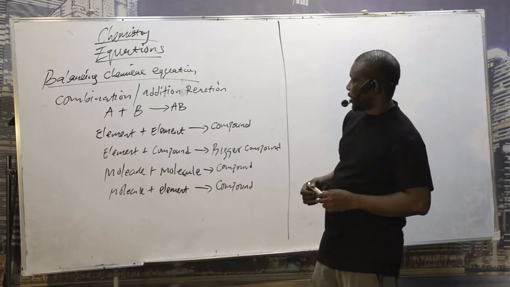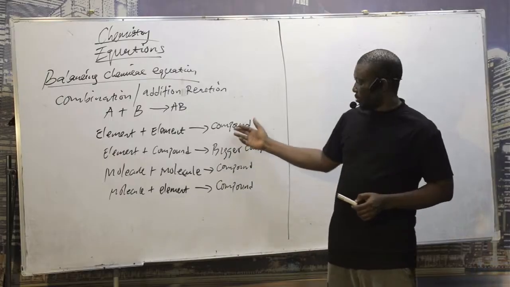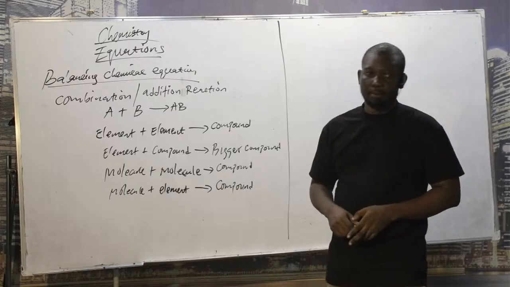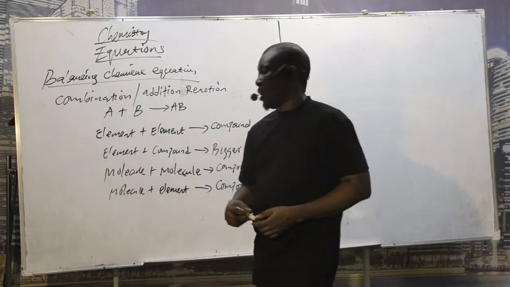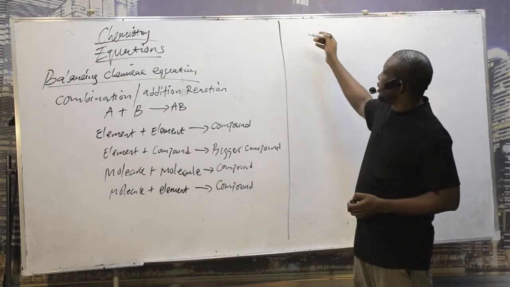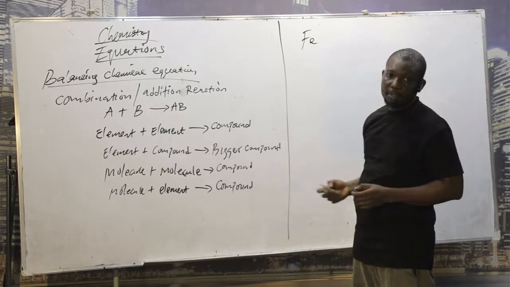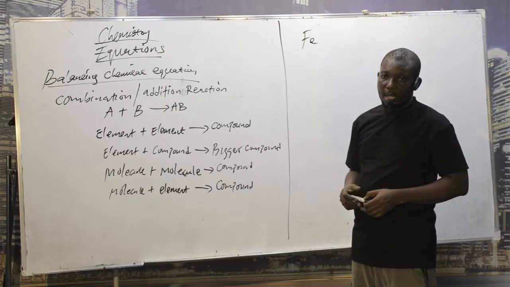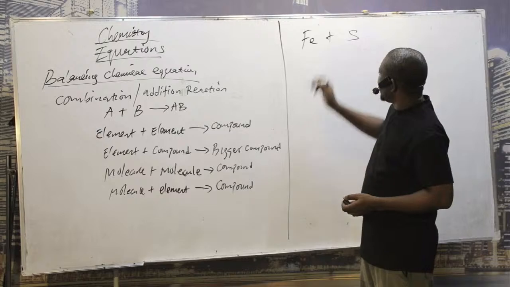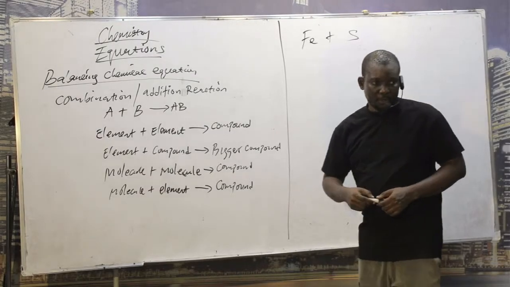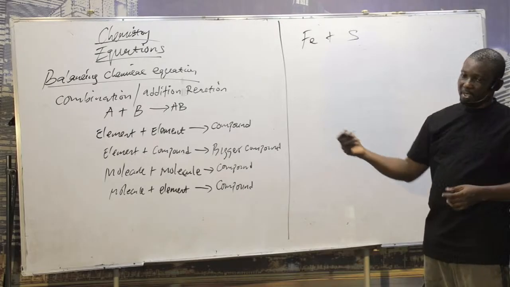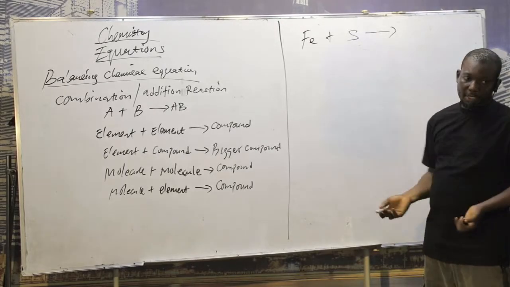This equation can come in these different forms, all are still an addition reaction. In the first one, if I have iron, which is an element, plus sulfur, which is also an element, the first one will have been sorted.